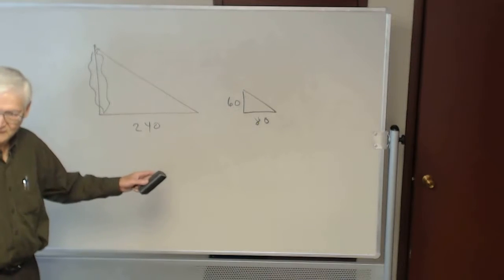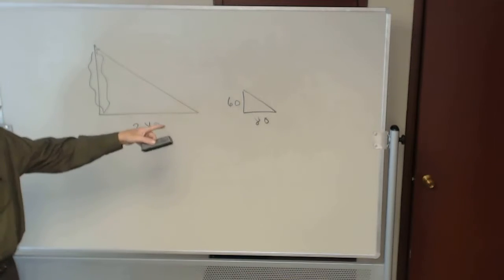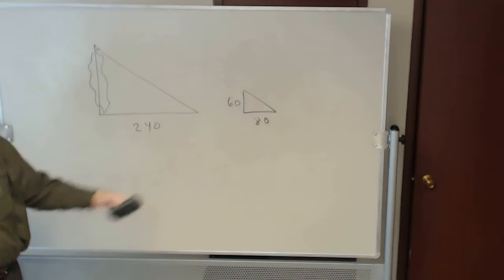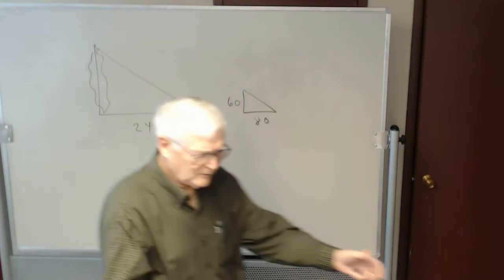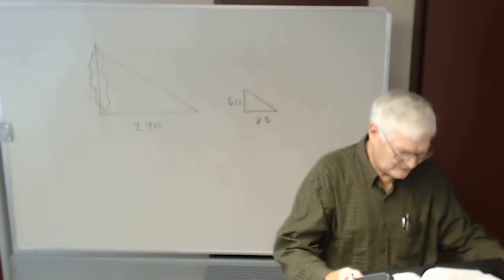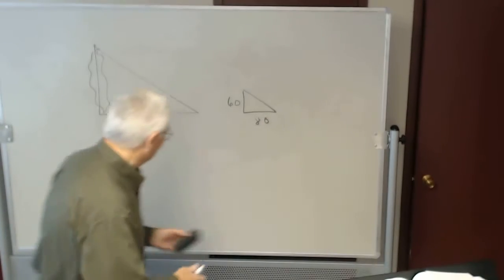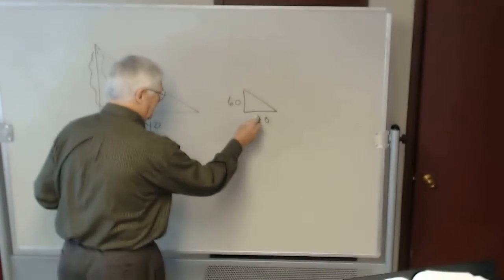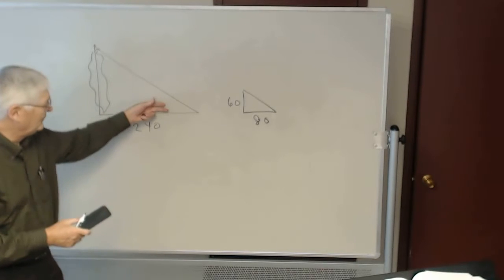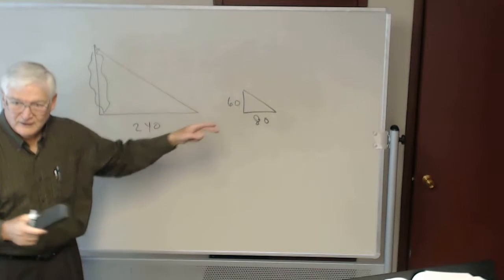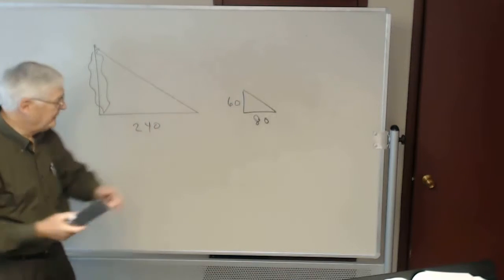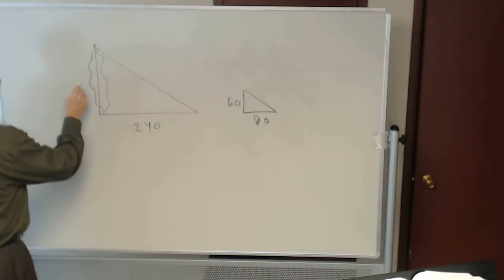Do you see how I got this from that picture? Is this in the way where you can't see things? Let me move this over a little bit. There. Do you see what happens when I pull the little triangle out and put it over there? Then it's easier for me to see the similarity. So this is what I want to find.